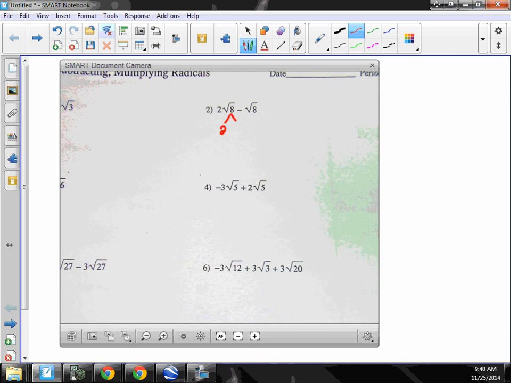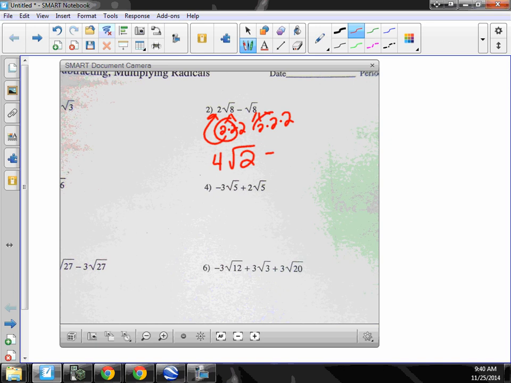So this is 2 times 2 times 2 for both of them. Can I bring anything out? A 2. So I'm going to bring out this set and times it by that, which is 4 square root, what's left? 2 minus, bring this out, 2 root 2.